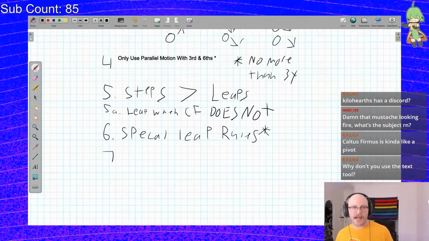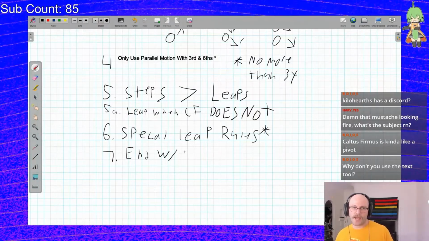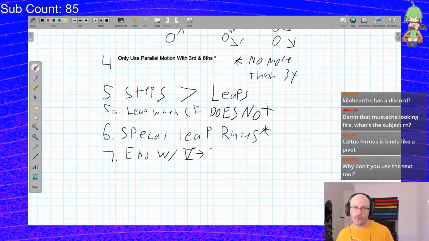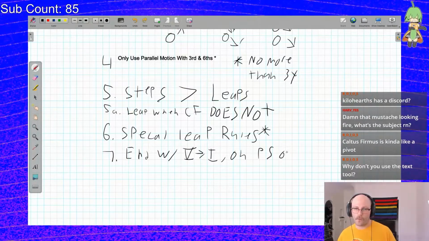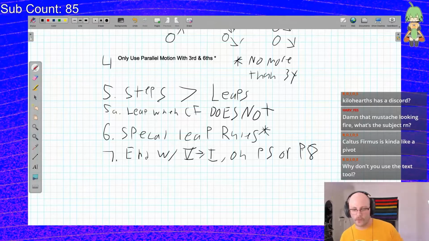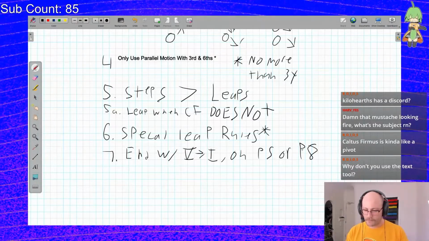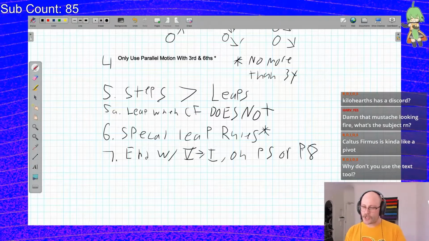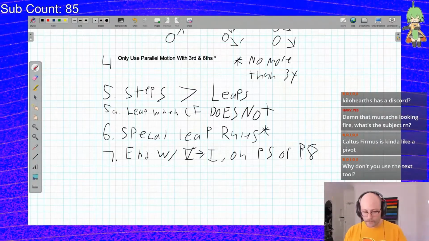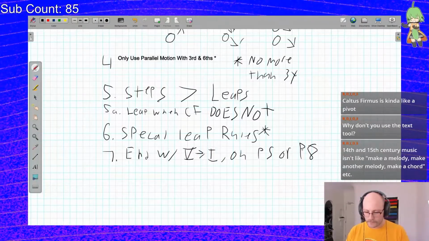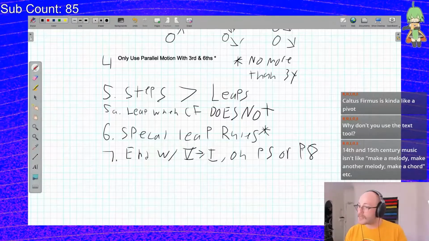And then the last one is end with a 5-2-1 progression on P5 or a perfect octave, which is to say, if I'm in C major, the last notes should be something like this, or this.